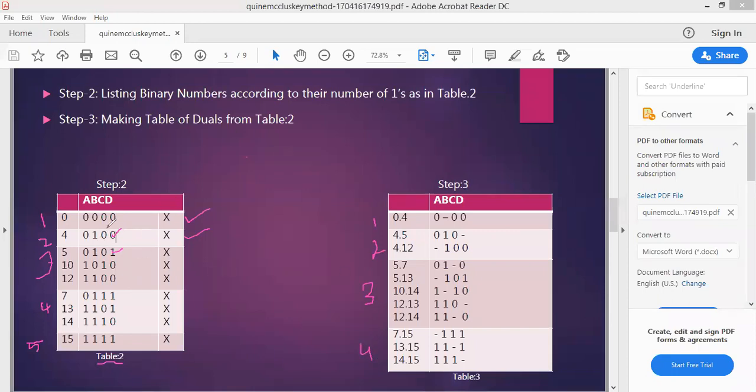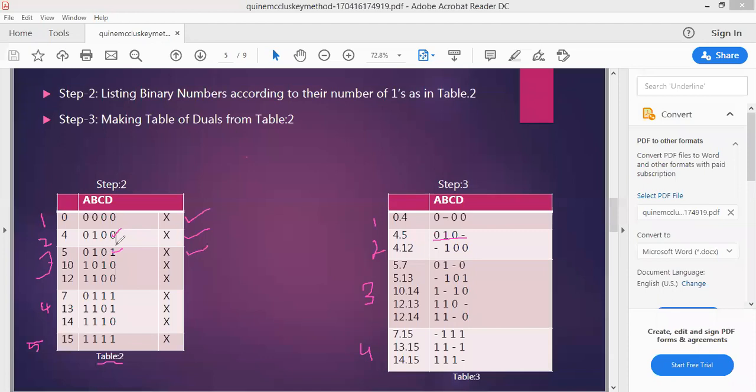Okay. So 4 and 5 are grouped together. So I'm marking 5 as grouped. The difference bit is in the D, so it has been written as 0010 dash. So dash indicates that there is a difference in that particular bit.